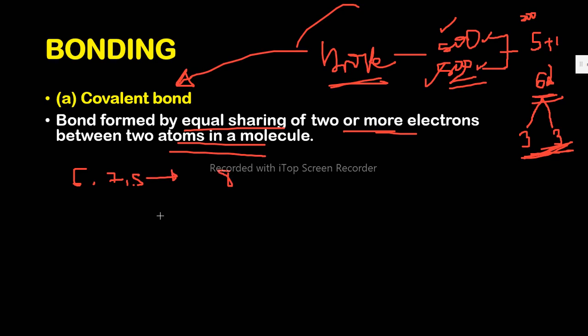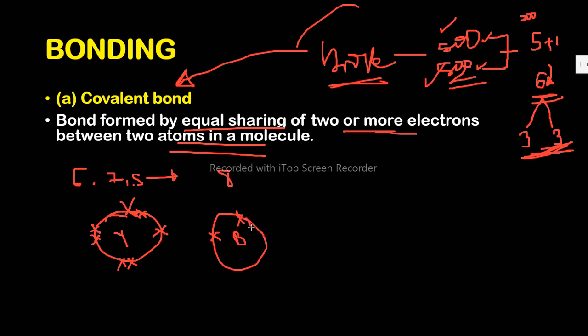So what is going to happen if this is you, with your 7 electrons in the outermost shell? Let me use X to represent the electrons. This is you with your 7 electrons in the outermost shell, and this is your birthday mate, also with 7 electrons in the outermost shell.